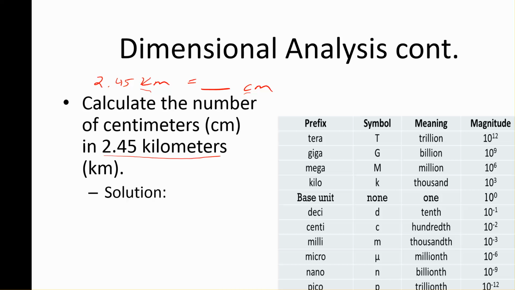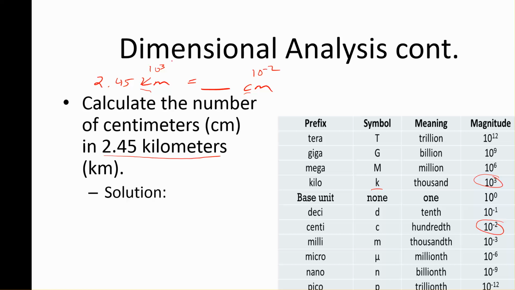All right, so next thing I have to decide then is what are my magnitudes for those. So kilo, I find my k here, it's 10 to the third. So I'm going to write a little 10 to the third power up there. Centi, the little c, down here, 10 to the negative 2 is my magnitude. All right, so remember when I said if we're going from a large to a small, I used that difference in magnitude language.